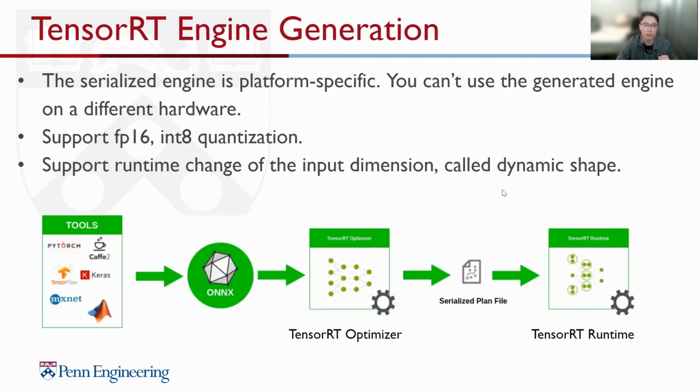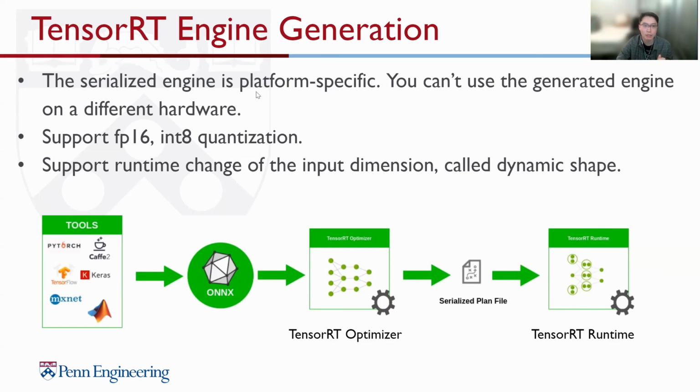How do we generate this TensorRT engine? We first need to convert from whatever training library we use into this ONNX format. Then we run it through the TensorRT optimizer to get a serialized engine. When we want to run the engine, we need to use the TensorRT runtime.